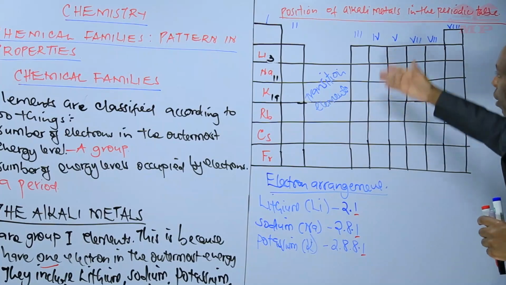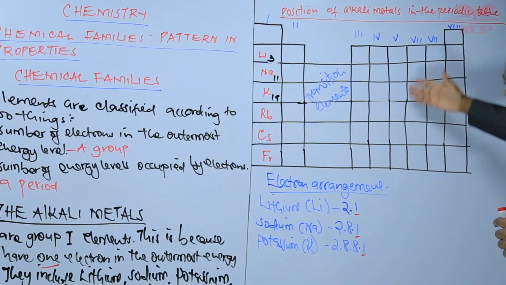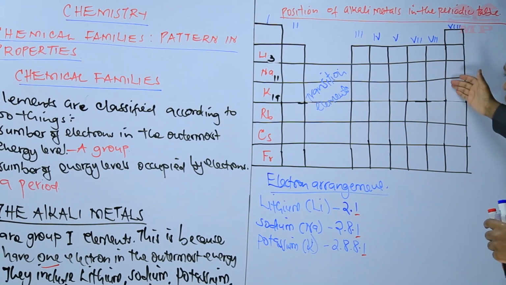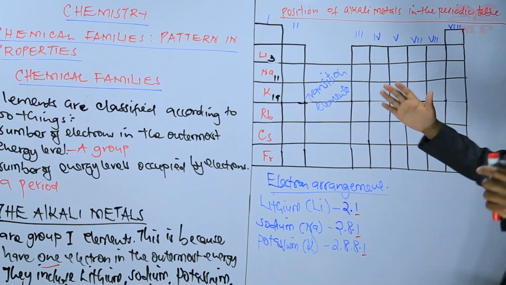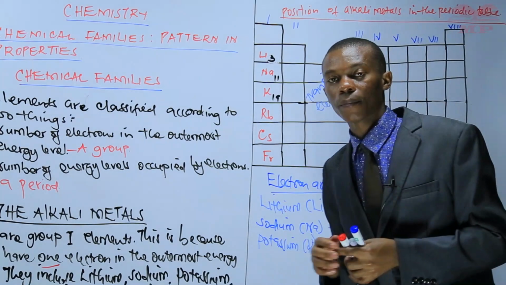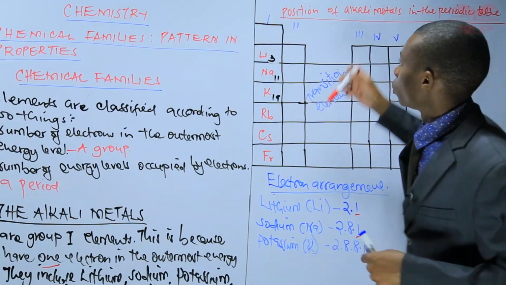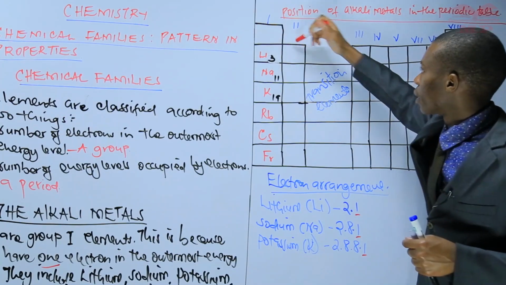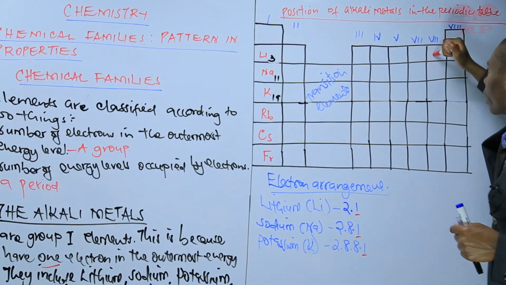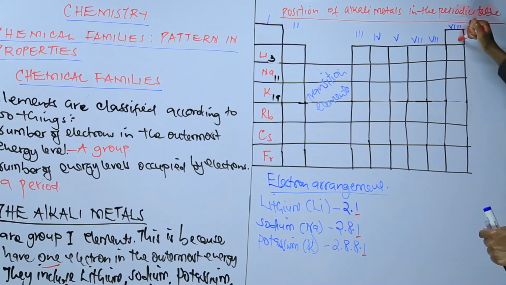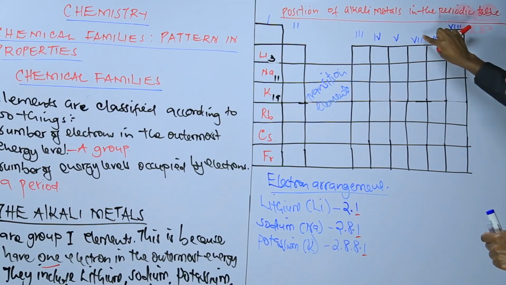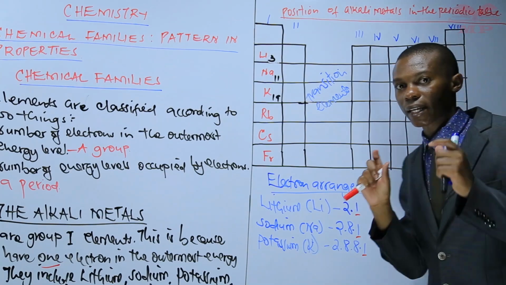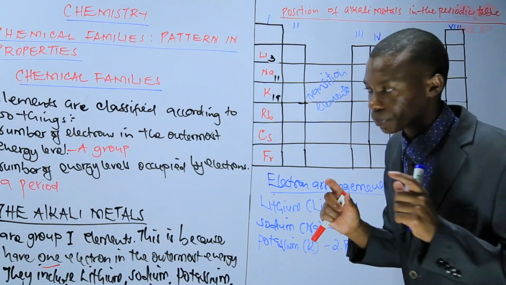We have another chemical family, and another, and another, and the last one. But we are going to concentrate on only 4 groups: the first, the second, the 7th, and the 8th. Those are the groups we are going to discuss deeply.